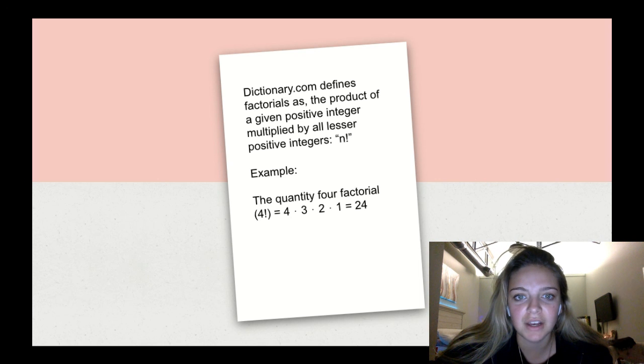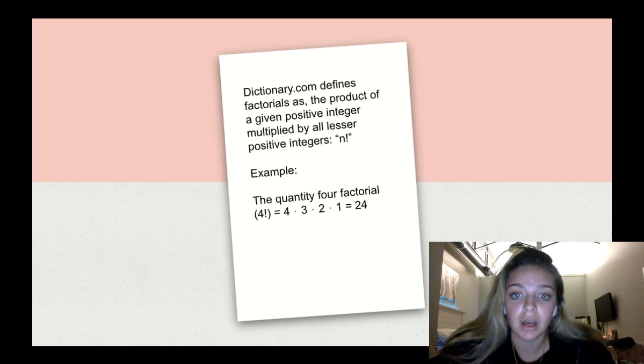Dictionary.com defines factorials as the product of a given positive integer multiplied by all lesser positive integers. Example, lowercase n exclamation point. Another example that we have is 4 factorial.